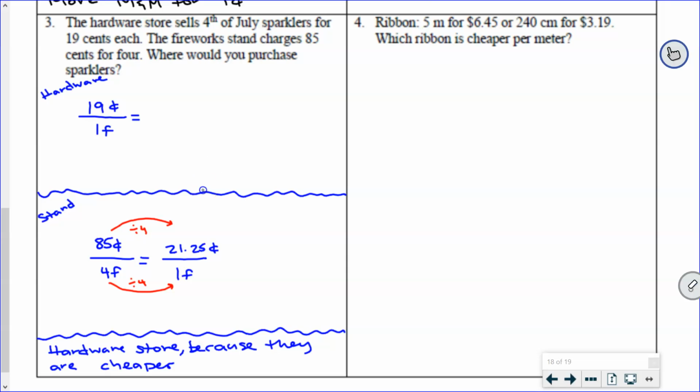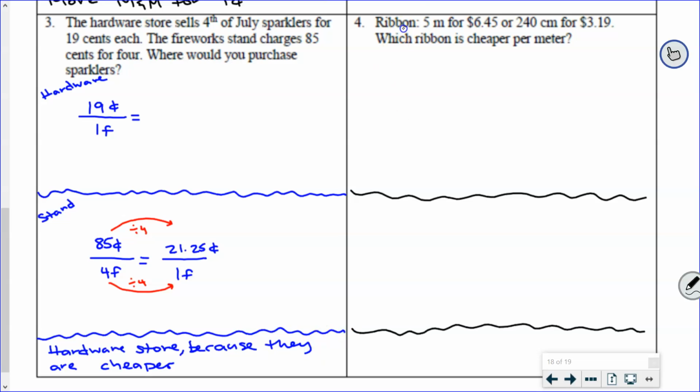So I need you to take a look at the units here. If I'm going to set up these problems in the same way that I've set them up in the past, we're going to use that ratio and the units of measure, and that's going to be the clue here. I'm just going to call this situation 1, which is 5 meters for $6.45.